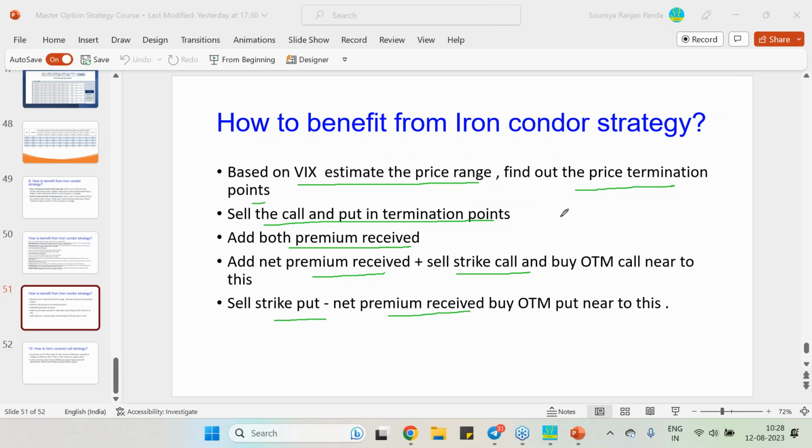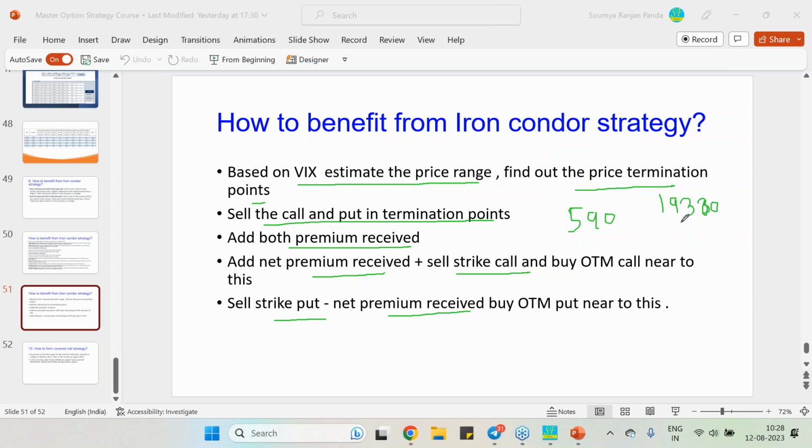Say now the VIX-based estimation we did, 590 points of movement expected in the month of August beginning, where we are at 19,300 and something, or 400. So for this VIX-based estimate, say 300 for example.